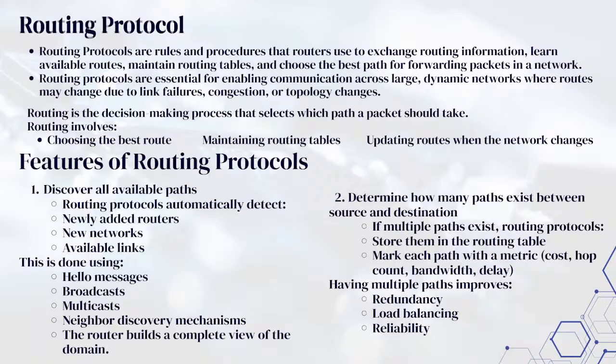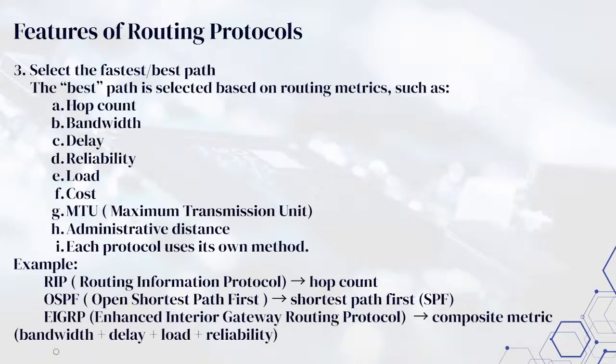So the features of routing protocols are: first, discover all available paths; second, determine how many paths exist between source and destination; and third, select the fastest or best path.